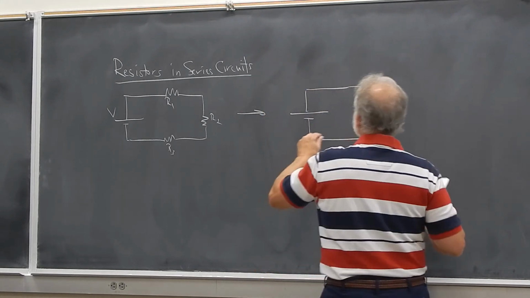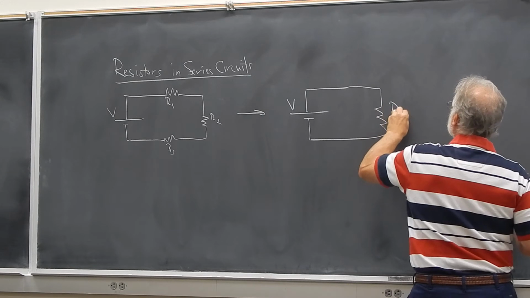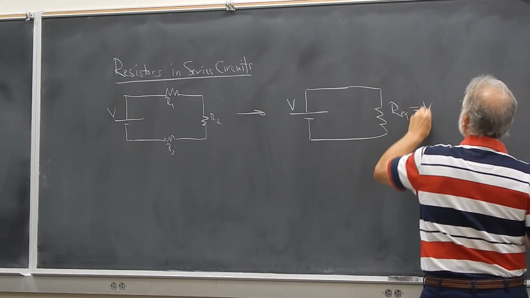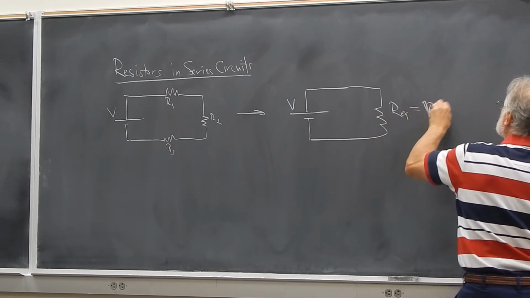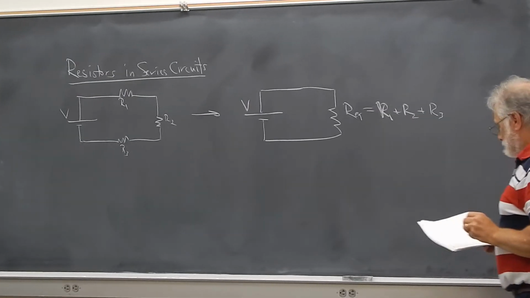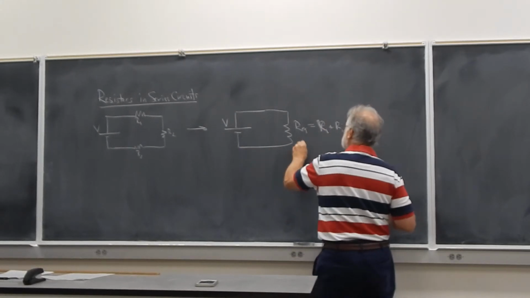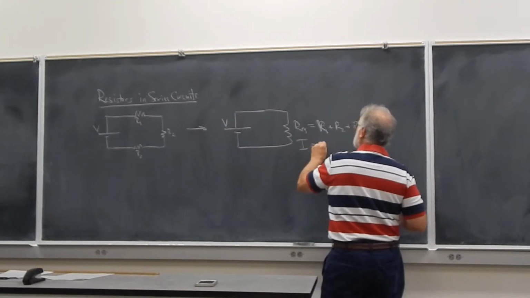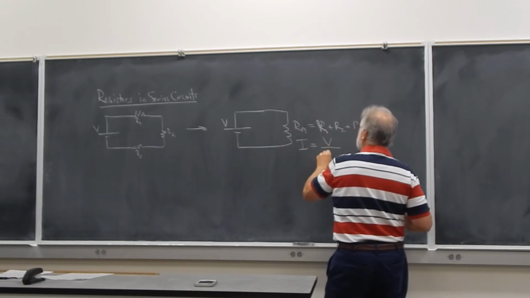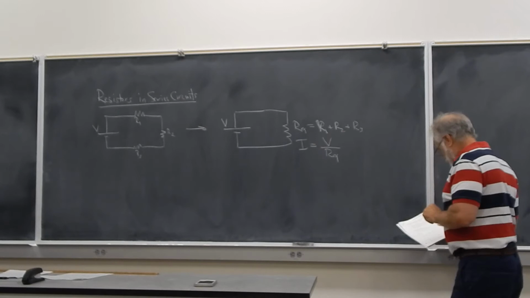And so the equivalent resistance, in this case, R equivalent, would just be equal to R1 plus R2 plus R3. The current in the circuit would similarly be the voltage coming out of the battery divided by the equivalent resistance.